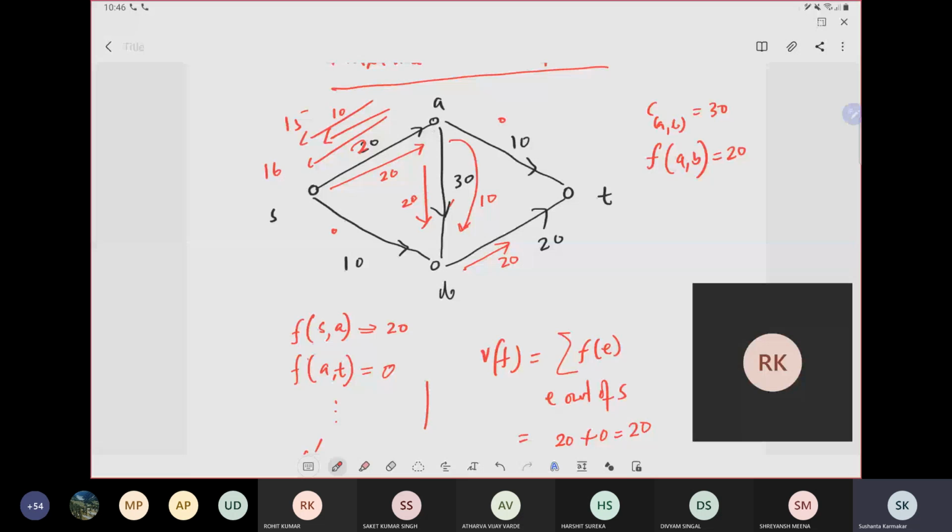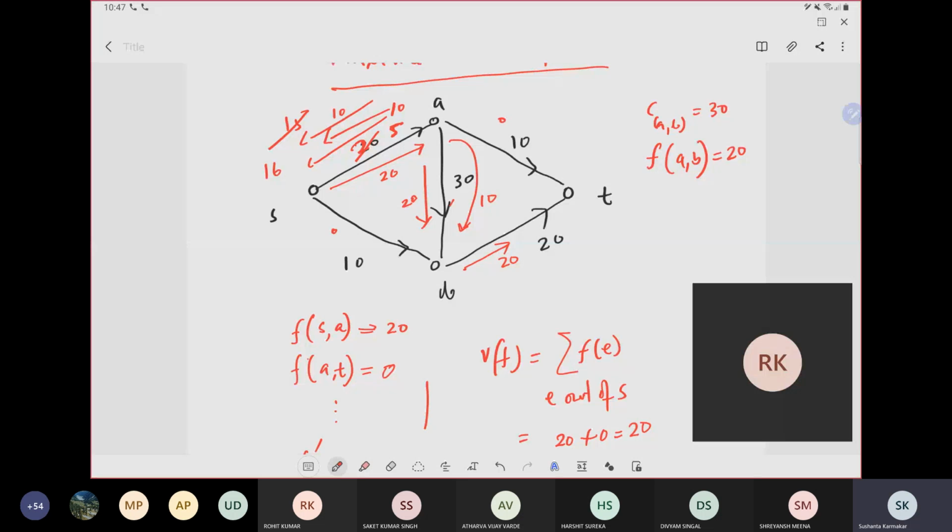Pushback means I reduce the labeling by that amount. If I push back by 10, the label will become 10 instead of 20. If I push back 15, the label will become 5. That means I'm reducing it by the pushback amount, so the current value will be less. So it will still satisfy the capacity condition. That is the concept of pushback.